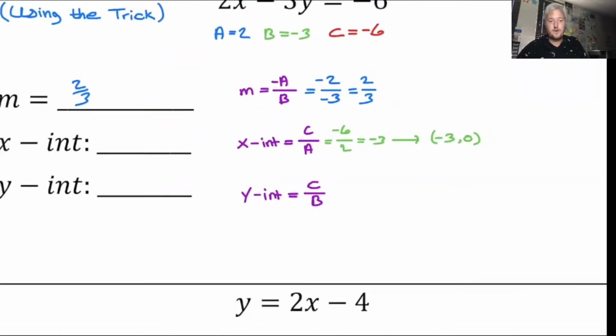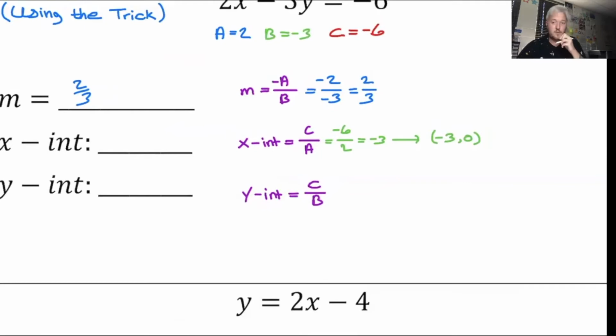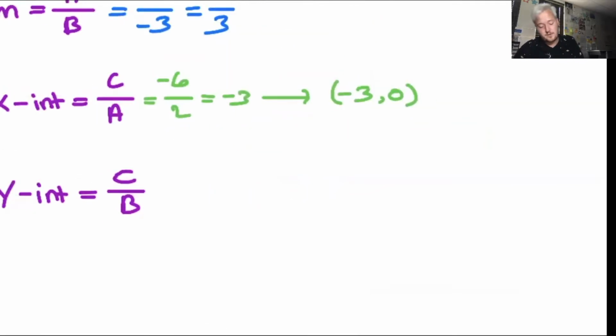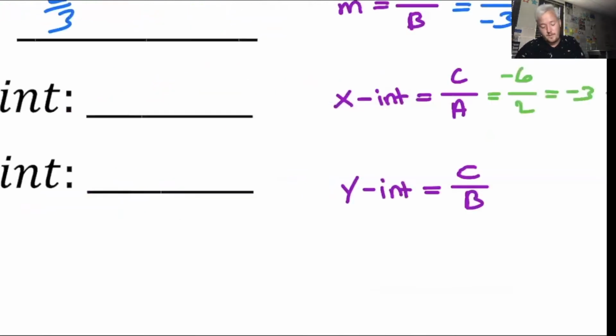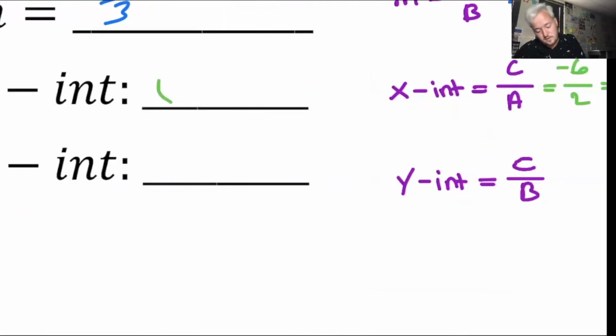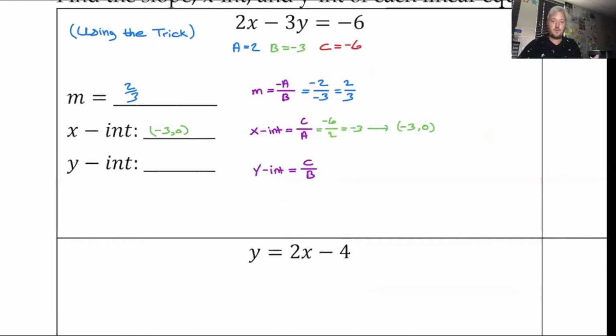Whenever you're giving the answer for the x-intercept and the y-intercept, your answers could be actual numbers, or they could be written as a coordinate. So just be prepared to look at both. For right now, I'm going to write it as a coordinate, just so that you get both the number and the actual point.